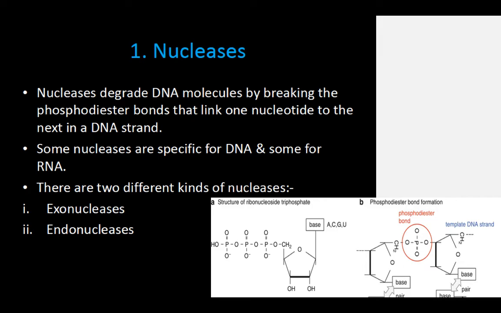Who is going to degrade the protein? The answer is proteases. Who is going to degrade the lipid? The answer is lipases. Same way, who is going to degrade the material which is there in a nucleus? The name of the enzyme is nucleases.